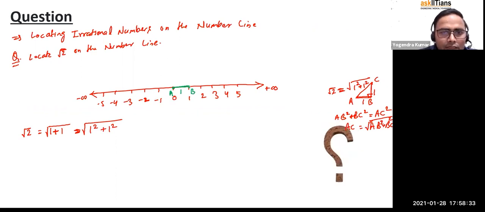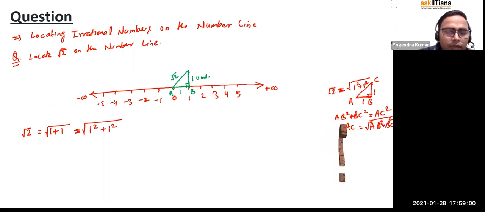Then I want to go at 90 degrees. Using a compass you can make it 90 degrees, and go 1 unit above. This is 90 degrees here. I think you can understand it will act as the hypotenuse here, which is going to give you root 2.